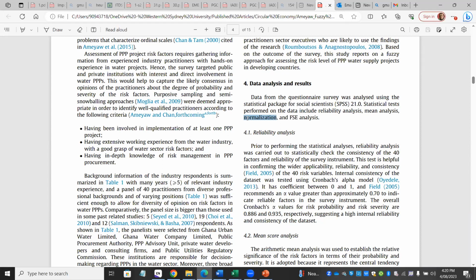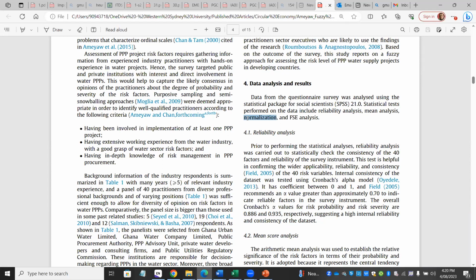Because in the two previous tutorials, I mentioned that factor analysis was conducted. But here, the reason why it is missing is that factor analysis is only used just to categorize, just to group the factors.